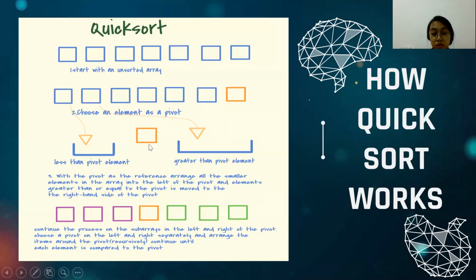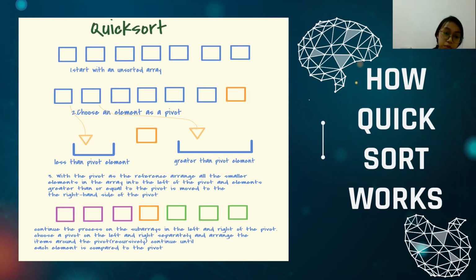So this is how Quicksort works. First, it starts with an unsorted array. Second, choose an element as a pivot, and next, identify the elements less than the pivot and the elements greater than the pivot. Third, with the pivot as the reference, arrange all the smaller elements in the array to the left of the pivot, and elements greater than or equal to the pivot are moved to the right-hand side of the pivot.